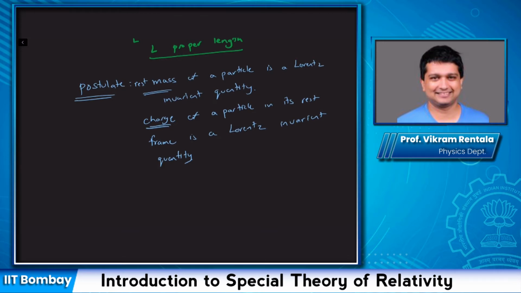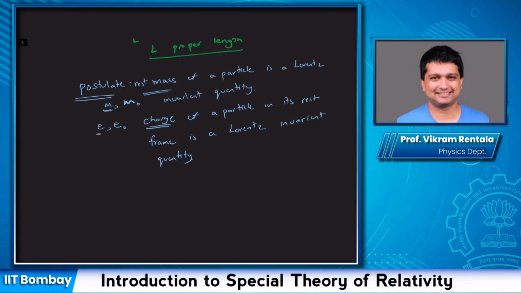Okay, these seem like very natural things to assume, that every inertial observer would agree on what the mass of a particle is, and every inertial observer would agree on what the charge of a particle is in its rest frame. They would have different ways of measuring this rest mass and rest charge, but all observers should agree on the value of this rest mass and rest charge of a particle. Okay, this is our postulate.